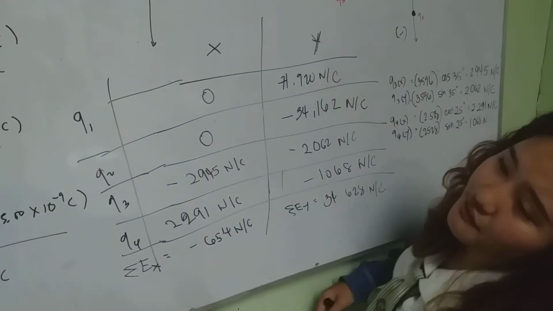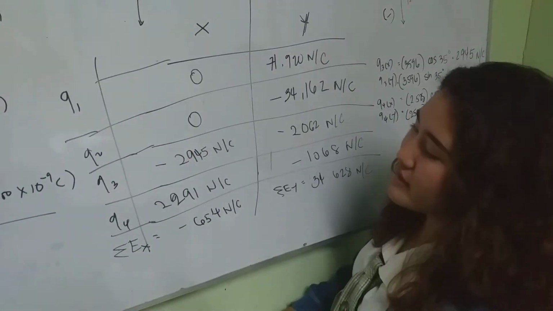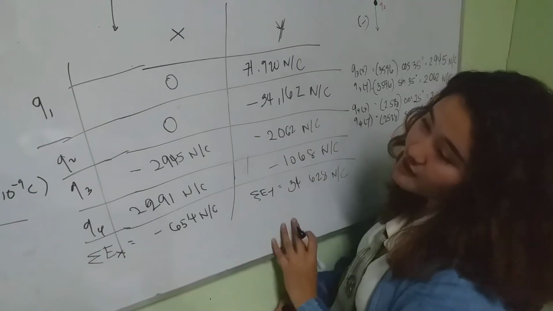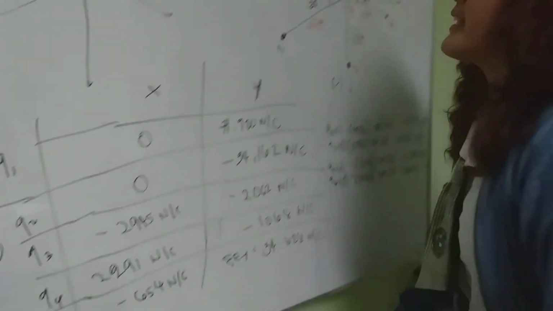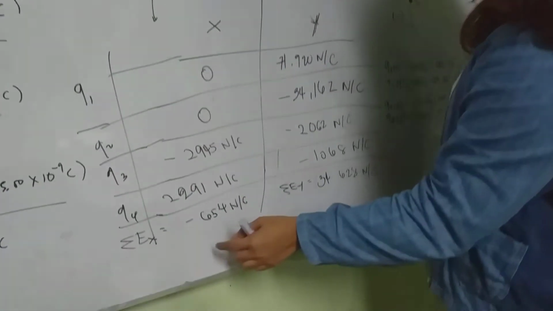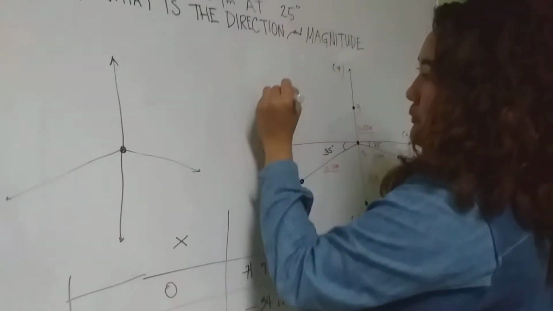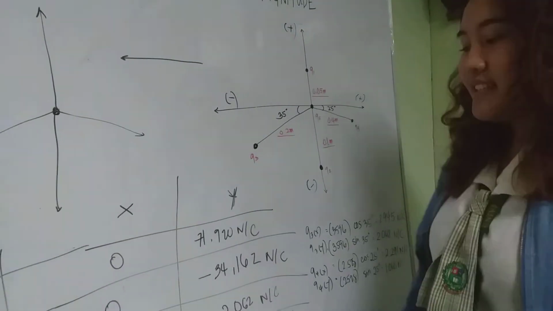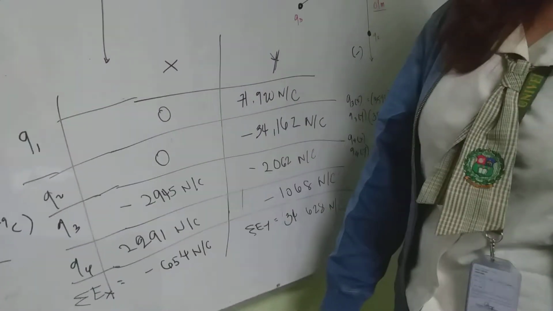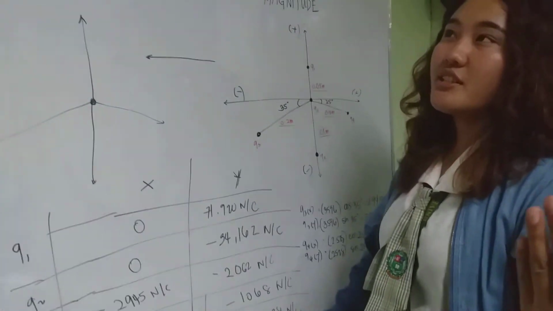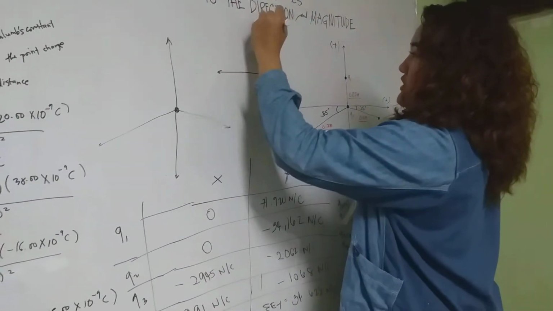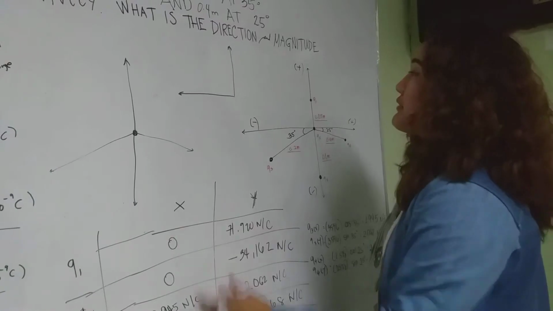Now, since we are finished with the components and the total of the components, we will be getting the resultant, which will be, since we have a negative x, going towards the direction of the negative x-axis. And since we have a positive y, it will be going towards the positive direction of y.